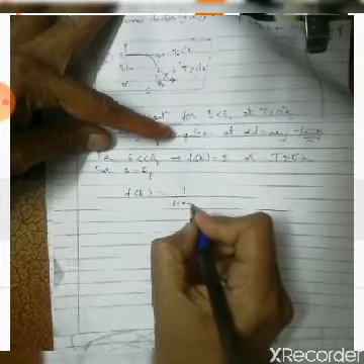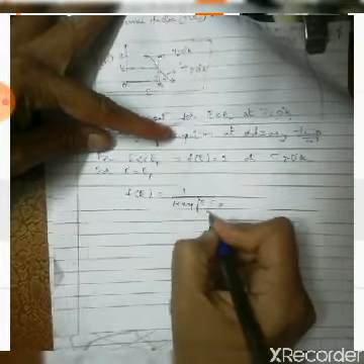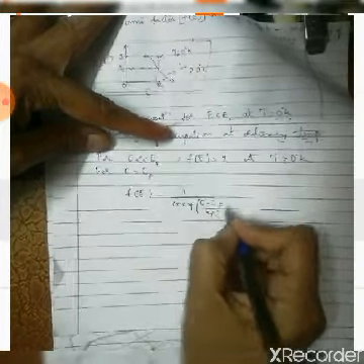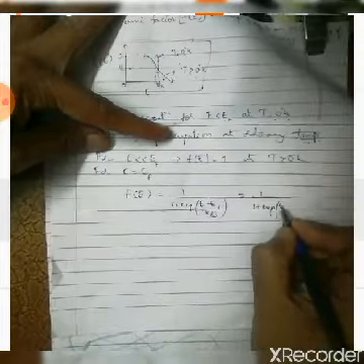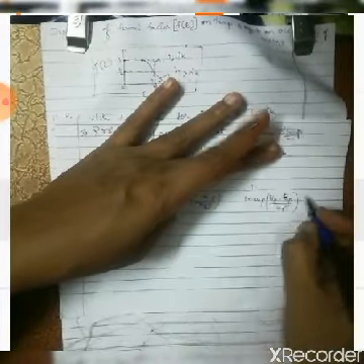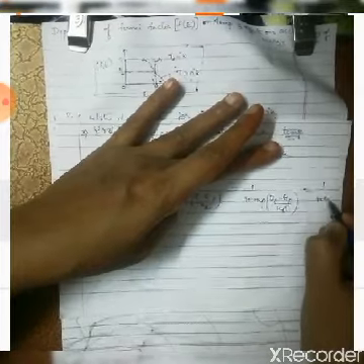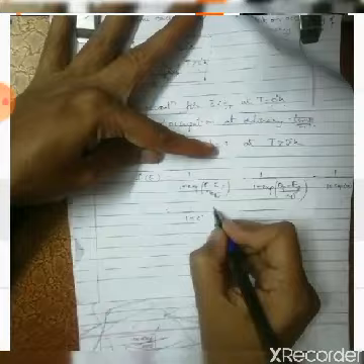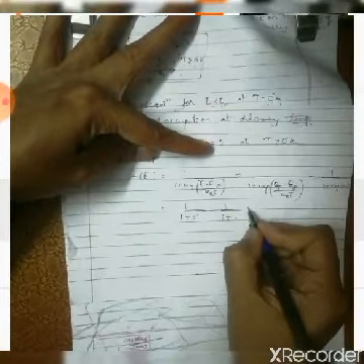Next, for E equal to E_F, what happens? f(E) is equal to 1 divided by 1 plus exponential (E minus E_F) by k_B T. Substituting E equal to E_F, I get 1 divided by 1 plus exponential of (E_F minus E_F) by k_B T, which is 1 divided by 1 plus exponential 0. e to the power 0 is 1, so this is 1 divided by 1 plus 1, which is half.